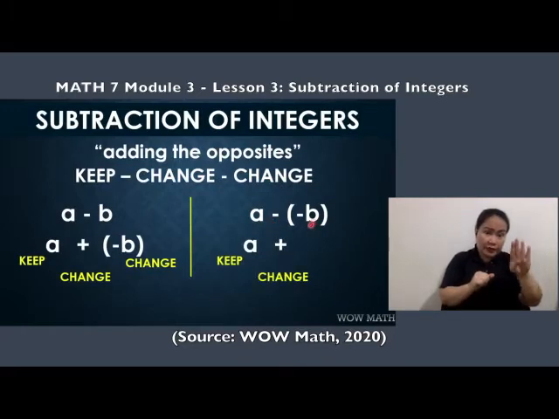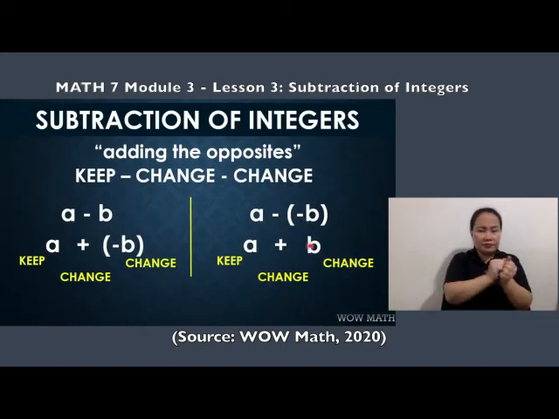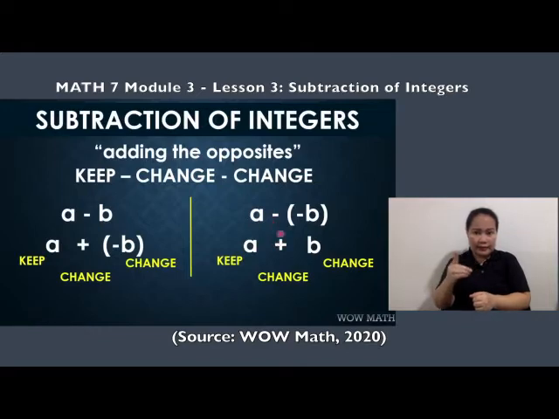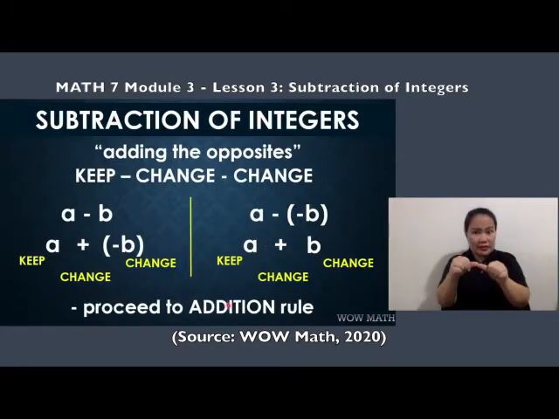And then, this is also change. So, since negative yan, magiging positive. Okay? So, ulitin ko, keep A, change the sign, and then change the subtrahend. Keep the minuend, change the sign, change the subtrahend. And then, pag nagawa na natin to, proceed to the addition rule. So, babalik tayo dun sa pag same sign, i-add natin, and then different signs, isa-subtract natin.